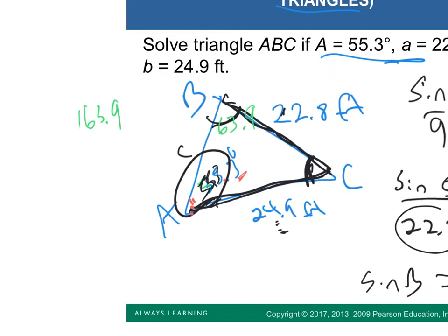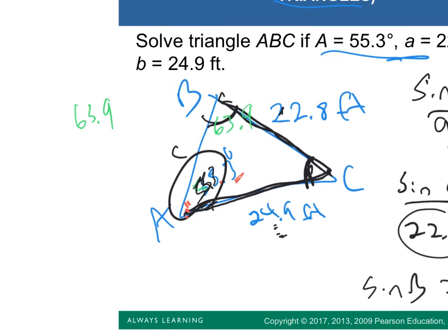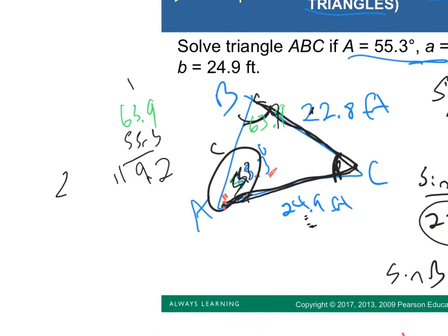So if I had 63.9 and 55.3, that would force angle C to be 119.2 degrees, which is nothing wrong with that. That means it would work.